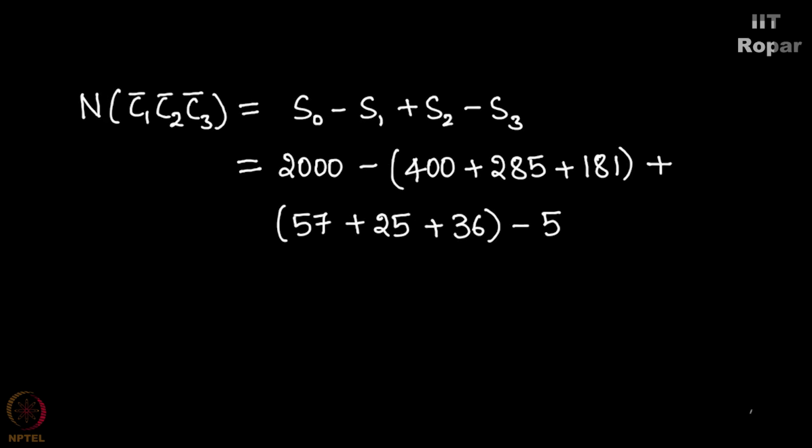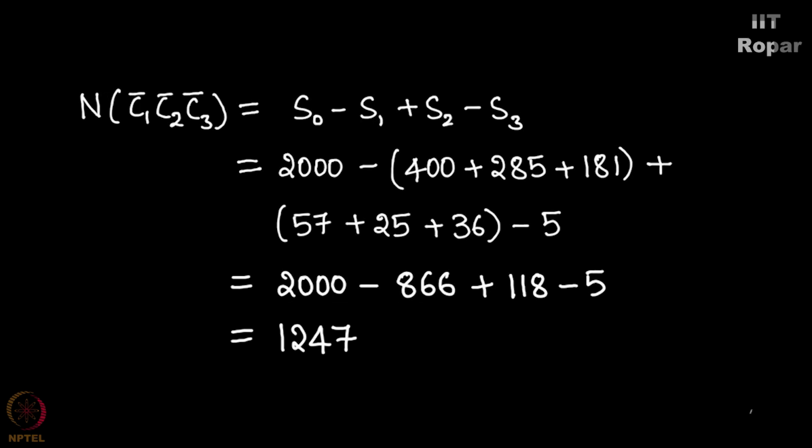So we see that N of C1 bar, C2 bar, C3 bar is 2000 minus, 400 plus 285 plus 181 happens to be 866, and 57 plus 25 plus 36 happens to be 118, minus 5. So on calculation, the final answer is 1247.